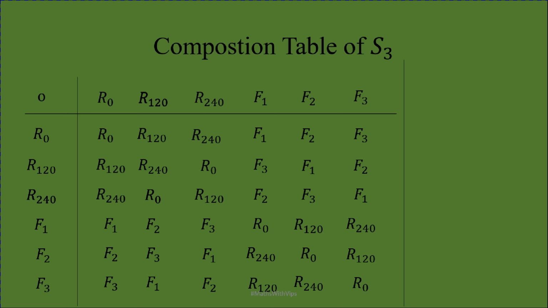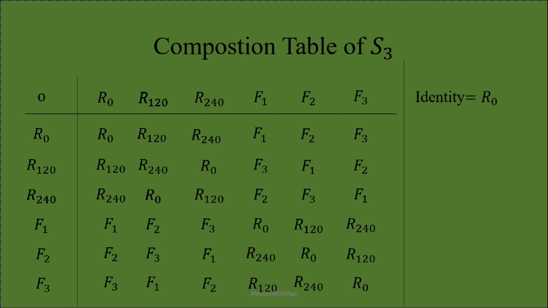The same thing can be observed in the first column, wherein we are multiplying each element of the row headers with R0. Thus what can be concluded is that if you multiply by R0, the value is not going to change. Thus R0 can be treated as the identity element. So our third condition, existence of identity, holds here.